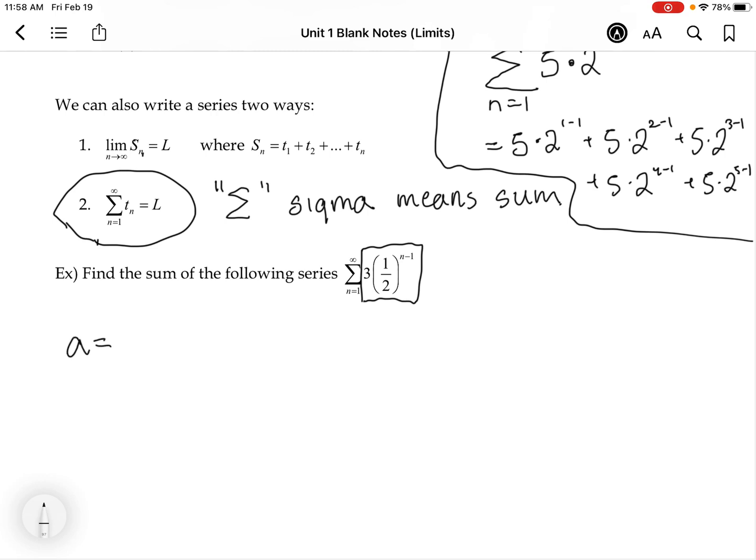So a is going to be 3 times 1/2 to the 1 minus 1, because that's where n starts. So that's 3 times 1/2 to the 0, which is 3 times 1, which is 3. So that's my a value. My r value is this base of 1/2, because that's what I keep multiplying by. That's the repeated multiplication.